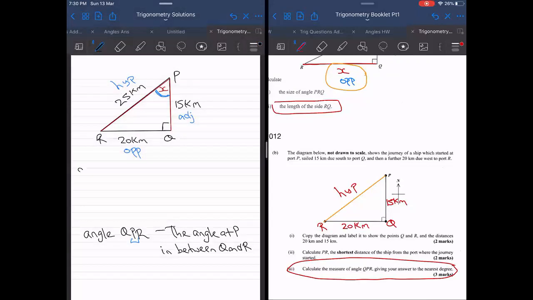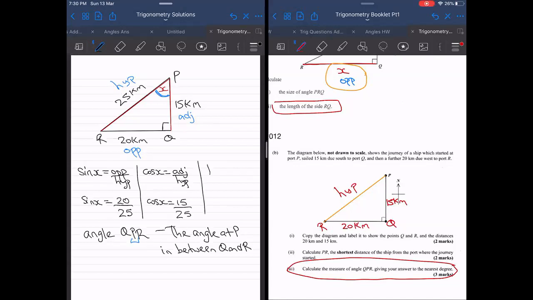For those who want to use sine, which is opposite over hypotenuse, you're going to use 20 over 25. Those who want to use cos are going to use 15 over 25. And those who want to use tan, in the other cases we only had two sides, so there were no options. But in this one, because we know everything, we can use any of them.